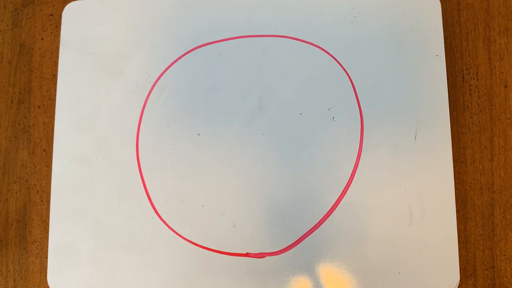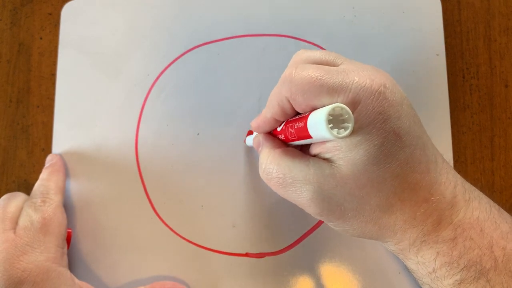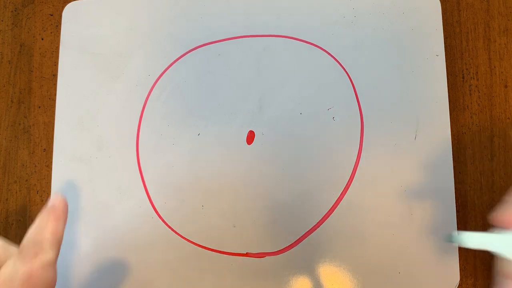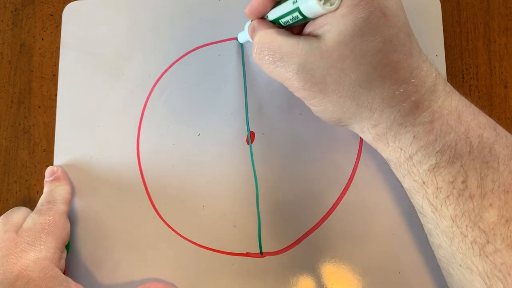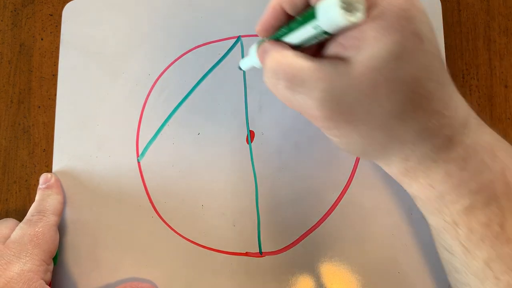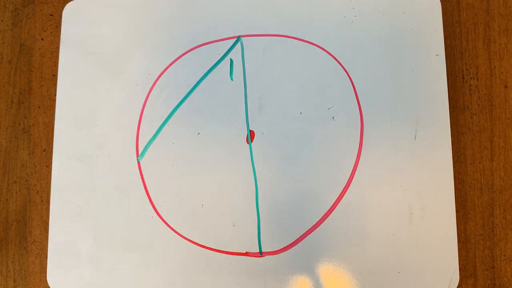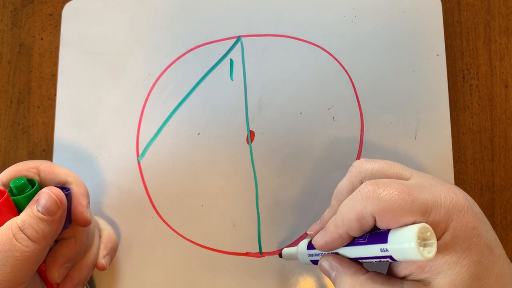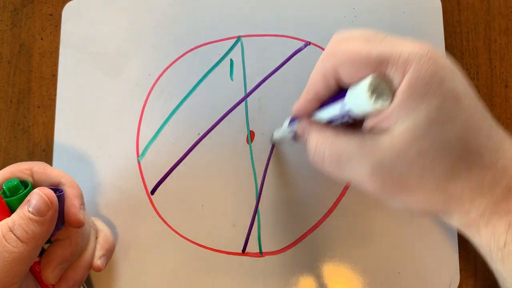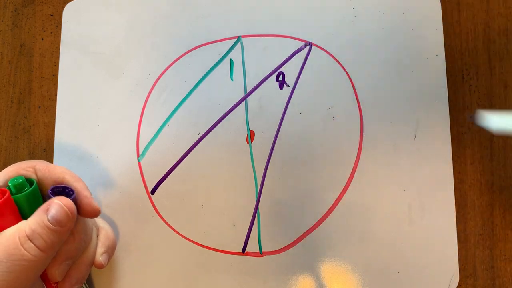There are really three cases for an inscribed angle. One is where one of the chords is a diameter. Another is where the inscribed angle contains the center.